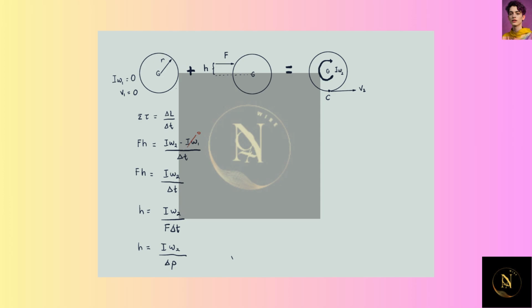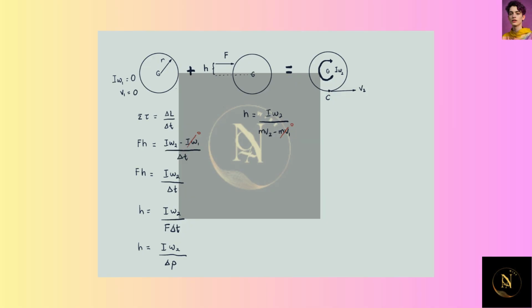Substituting the equation for momentum for the denominator, we'll have h equals I omega 2 over the final momentum m v2 minus m v1. Again, since the billiard ball is initially at rest, this is 0.